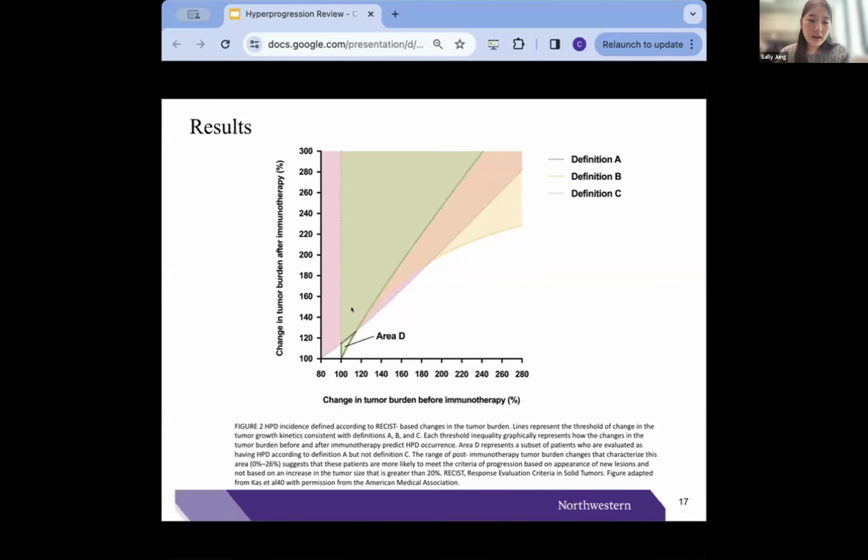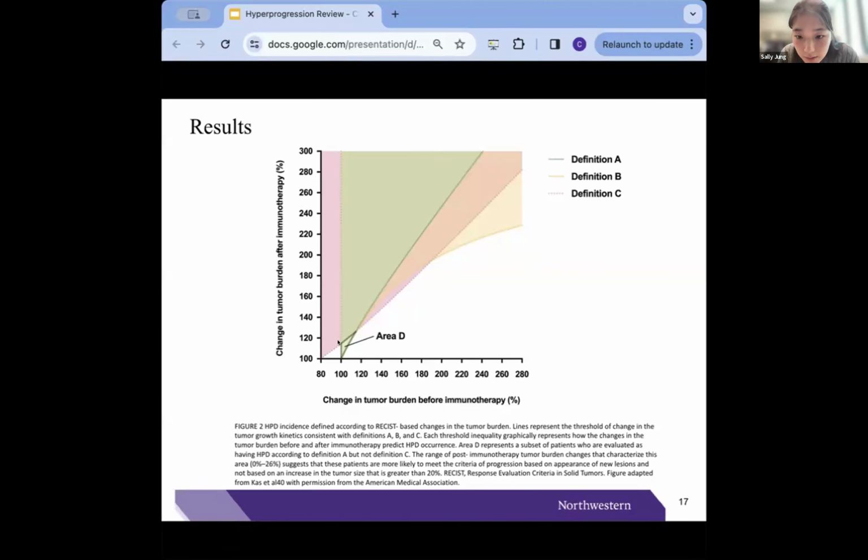On the other side, definition C is based on the difference in the tumor growth rate between 2 time intervals. So it can capture HPD patients who experience a decrease in tumor burden during the washout period and an increase in tumor burden after starting immunotherapy.